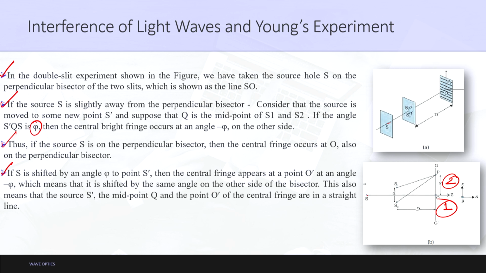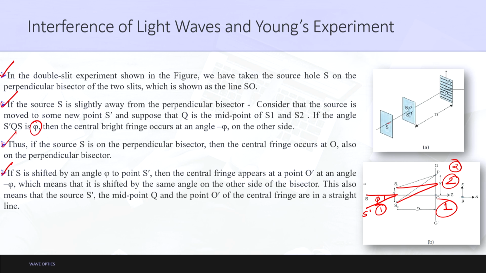If this is S dash, this is that point Q we have been talking about, and this is that angle phi, then if the angle is being formed on this side, the fringes are being formed on the other side. This is the only explanation in the last concluding point here.